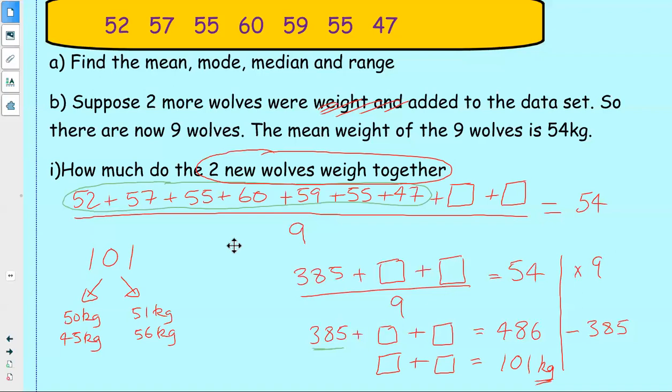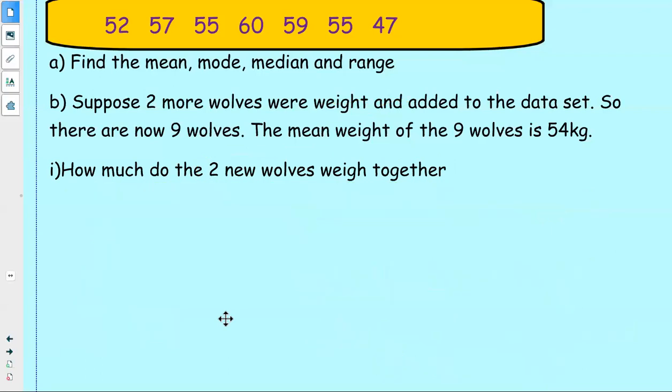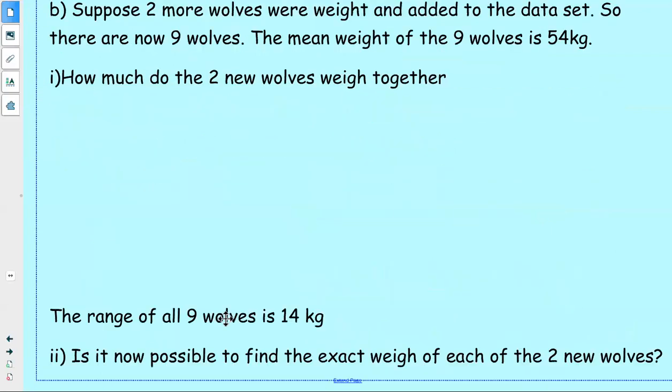Okay. Now, remember that 101, so the two wolves together add up to 101, because I'm going to clear this just to go down to the next part of the question. Okay, here we go.